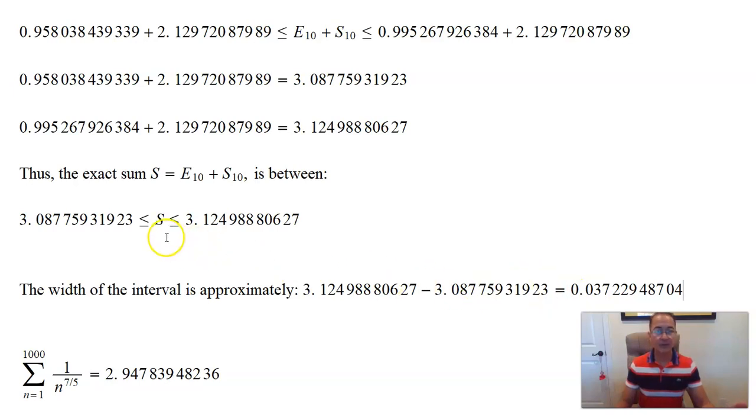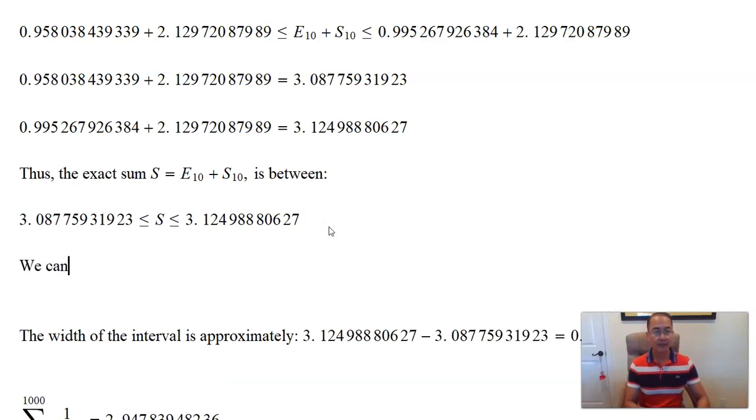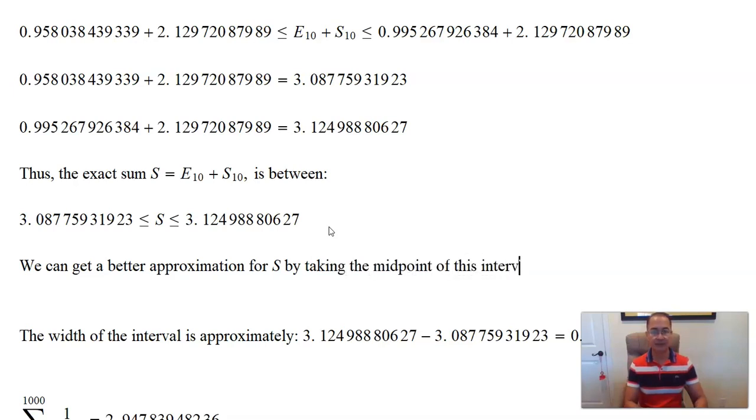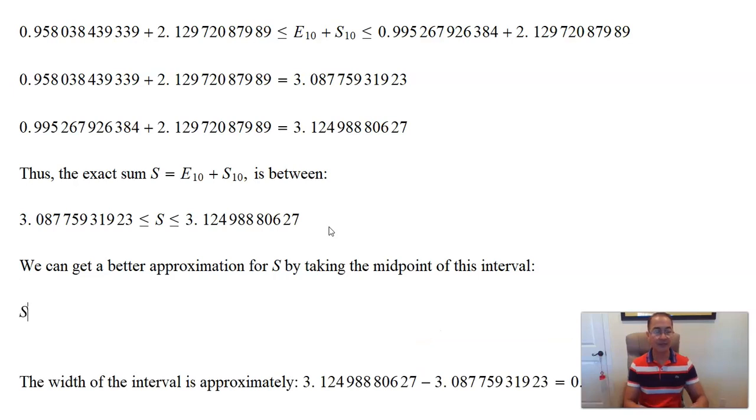Okay, so therefore, the approximation that we get by taking the midpoint of these 2 points is going to be pretty good. We can get a better approximation for S by taking the midpoint of this interval. Okay, so S will be approximately, symmetrically, midpoint.